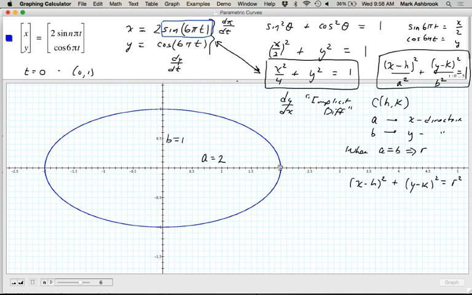All right, so if you do pi over 2 next, what's going to happen inside this argument here? What are we going to put into sine?